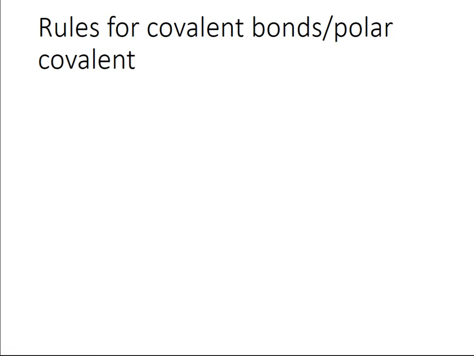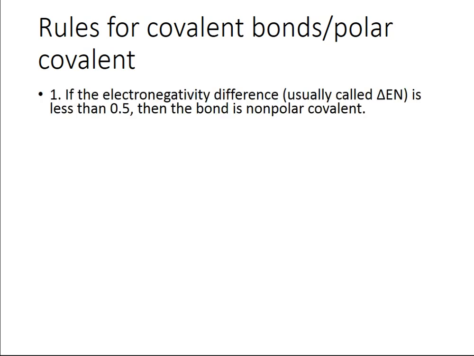So there are some rules that we can use to determine whether we have a nonpolar covalent bond or a polar covalent bond. There are four rules that we are going to use. What does the first rule say?